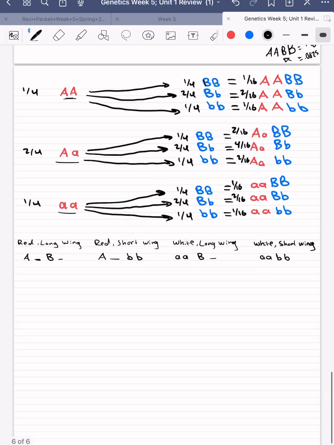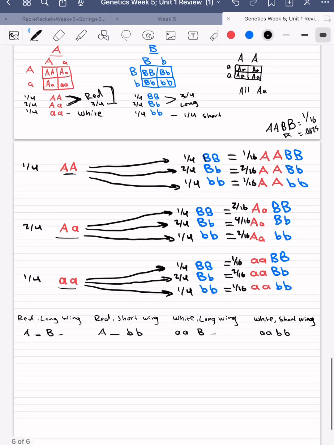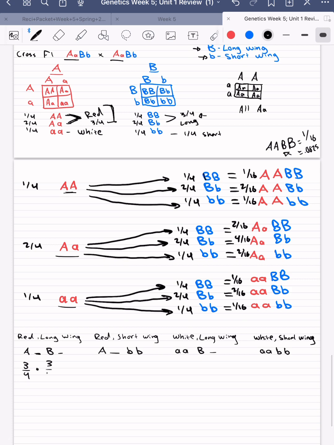So we know that in order to be red, there's a 3 out of 4 possibility or ratio. So you take 3 out of 4 and you multiply that with the ratio of having long wings, which is also 3 out of 4. So that gives us 9 out of 16.